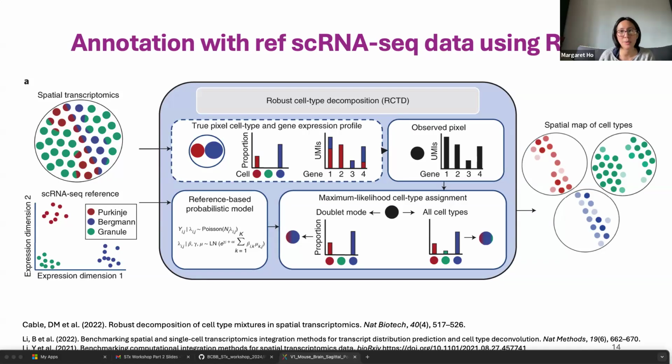I'm also going to introduce some of the commands for the downstream analysis. So the first downstream analysis that we'll do is annotation with a reference single-cell RNA-seq data set using RCTD. And RCTD is an R package from Rafa Irizarry's lab. It stands for Robust Cell Type Decomposition.